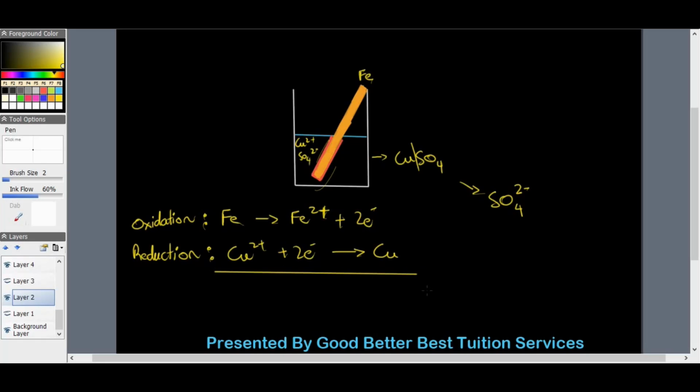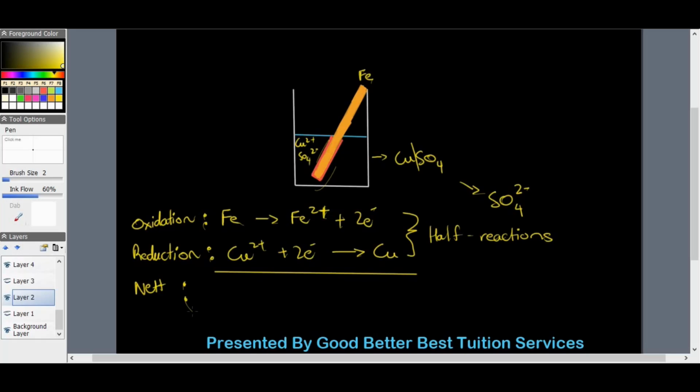We still need to write down the net reaction, because these two, as we discussed last week, are what's known as half reactions: one half, other half, and the net will be the full reaction. The decrease in the concentration of the Cu2+ ions is shown by the lightening, in other words the decrease in the blue color of the copper sulfate solution.